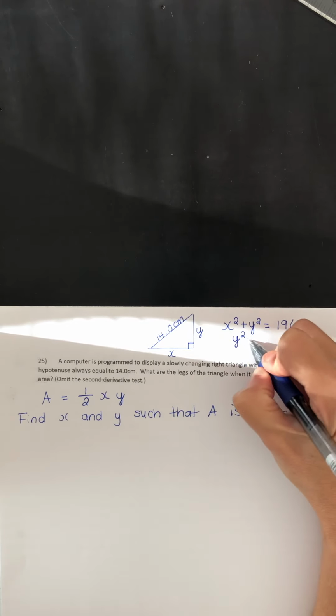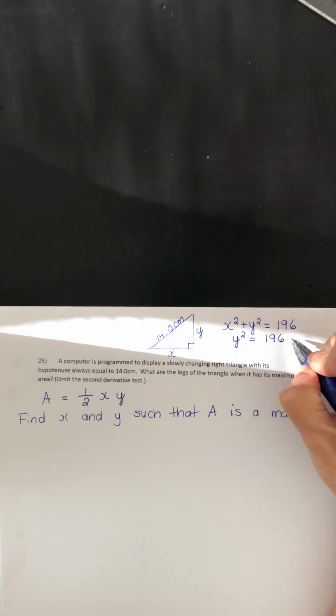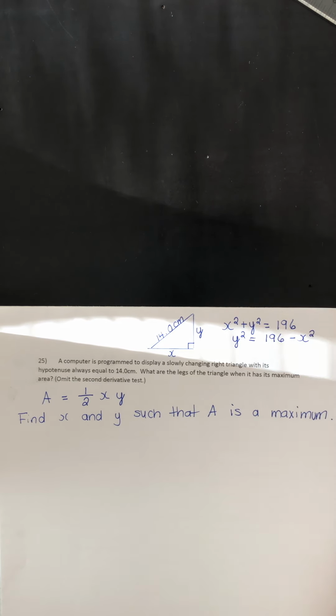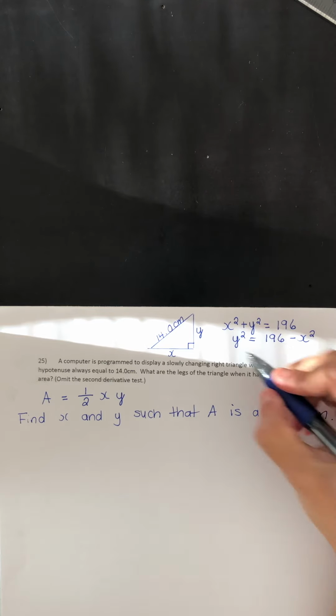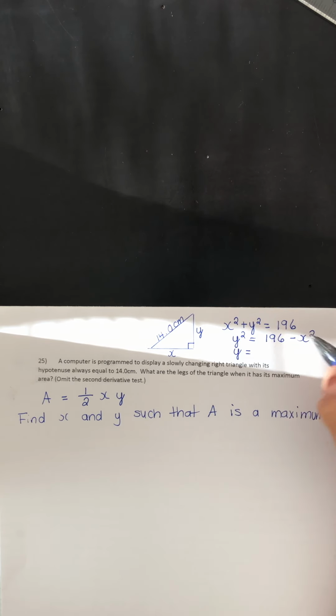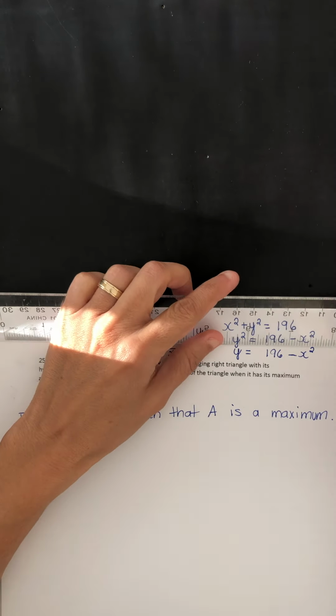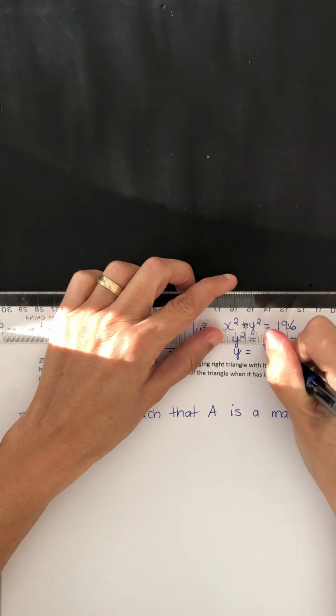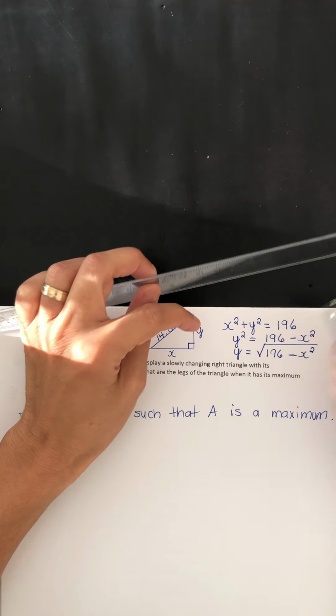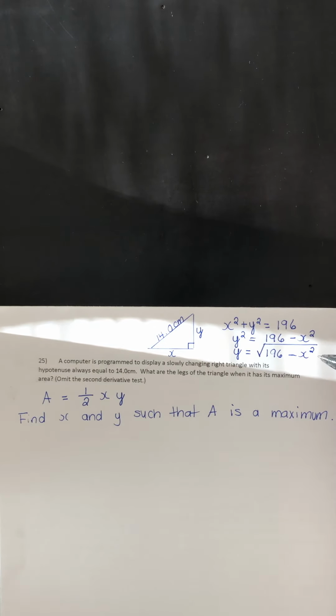So y squared will be 196 minus x squared, which means that y is the square root of that.